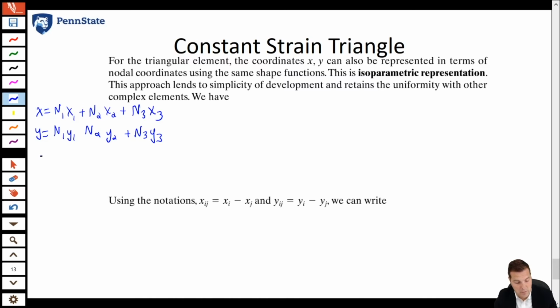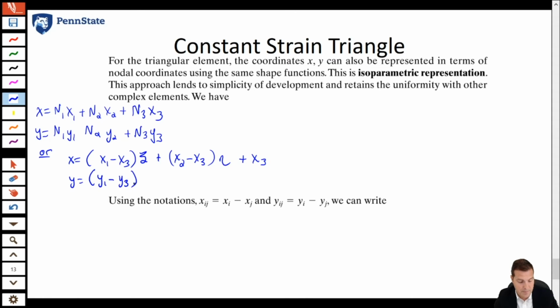Or we can write x is equal to x1 minus x3 psi, if we make the substitution with what those N values represent, plus x2 minus x3 eta plus x3. Y is going to be equal to y1 minus y3 psi plus y2 minus y3 eta plus y3.